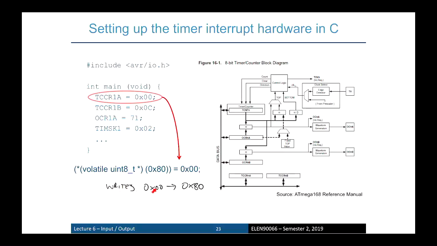So we are writing a value to a register location. That's actually a memory mapped register in this architecture. And the next line also writes a different value, hexadecimal 0C, to, if you chase up in the headers where it's defined, 0x81.